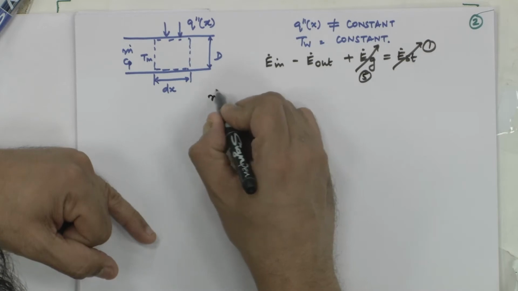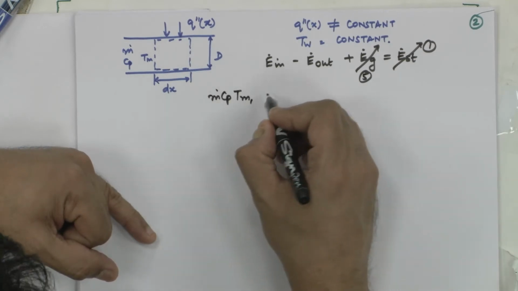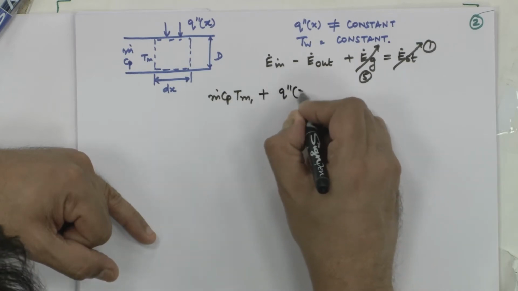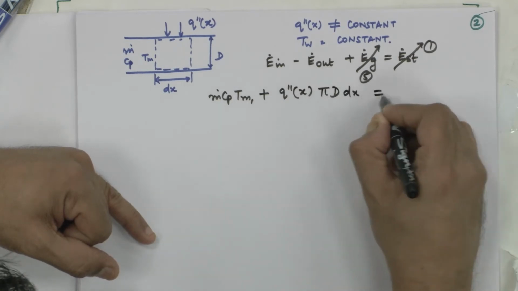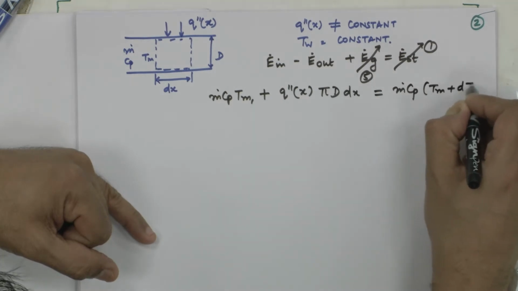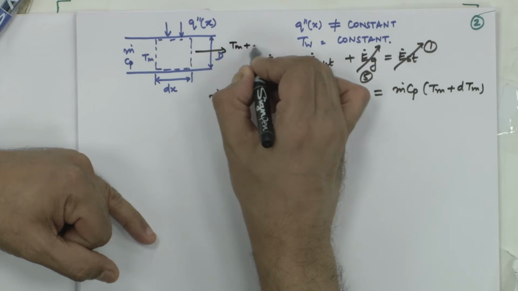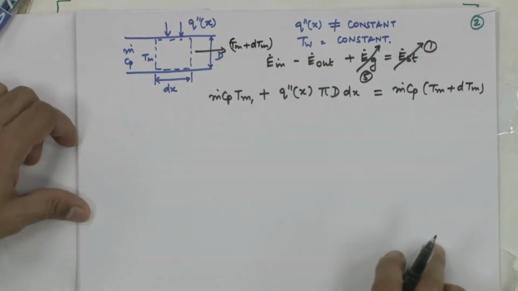I can write m dot Cp T bulk mean at any location plus q double prime local pi d dx is equal to m dot Cp times Tm plus dTm. What is coming out is Tm plus dTm, same mass flow rate m dot, same thermophysical property Cp.